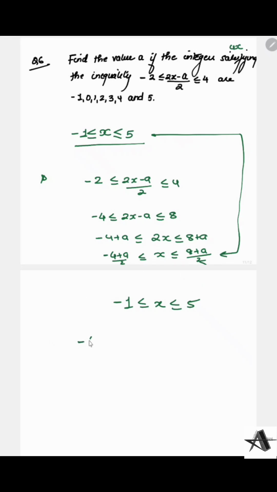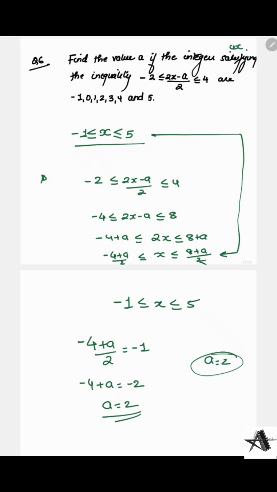So simple, what I'll do: (minus 4 plus a) by 2 is equal to negative 1. On cross multiplying, minus 4 plus a equals negative 2, and a is 2. Even if you put a as 2 here, (8 plus 2) by 2 is 5. So what's the value of a? It's 2.